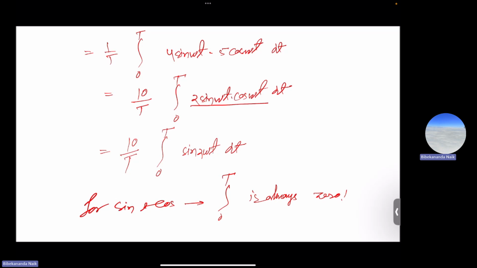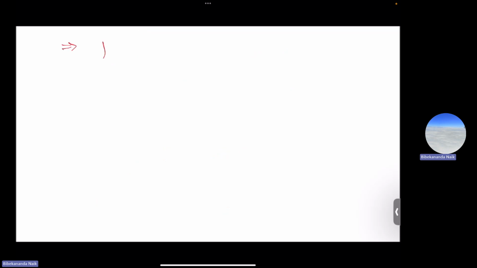So that implies P average, which is 10 by T integral from 0 to T of sin 2 omega t dt, will be 0, because this will lead to 0.